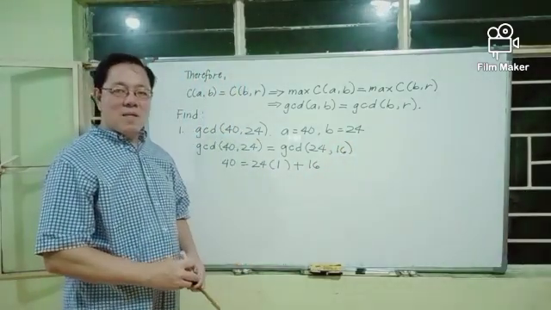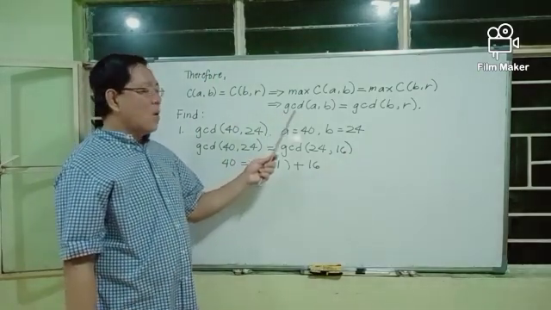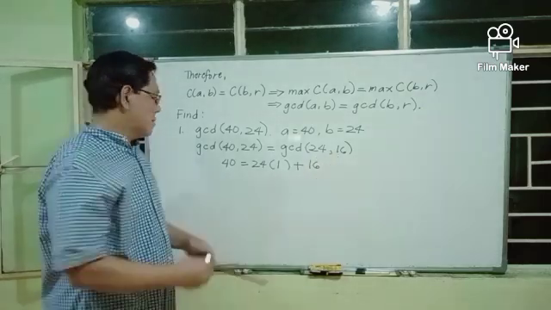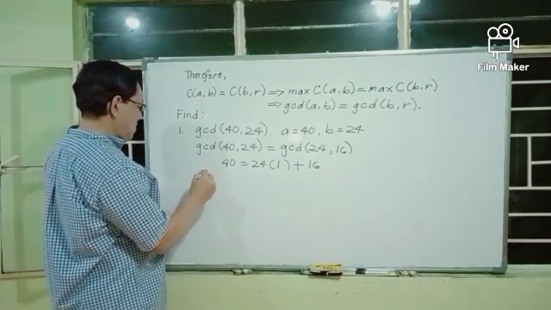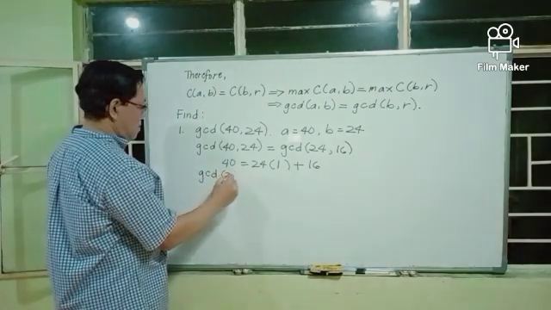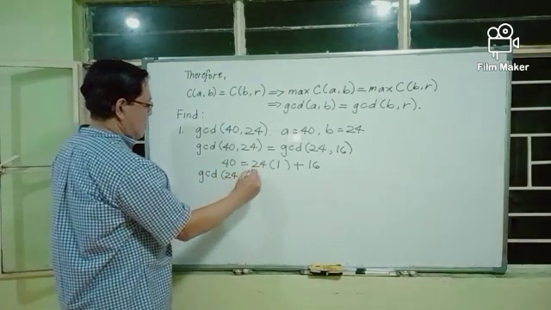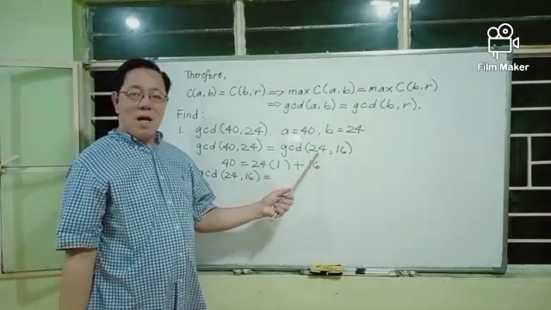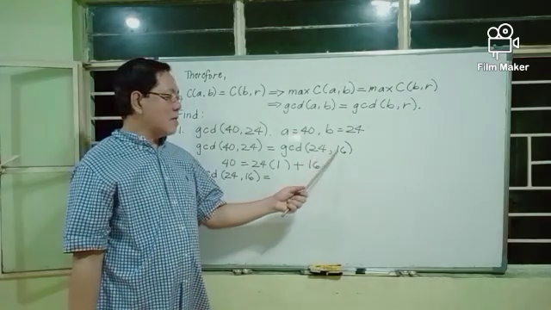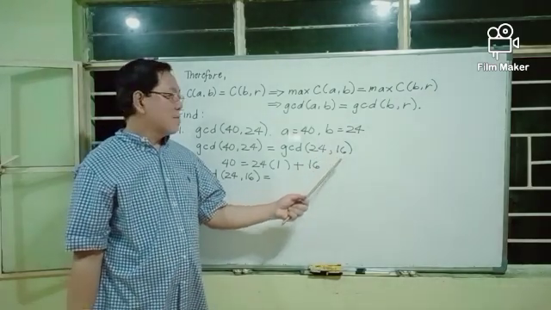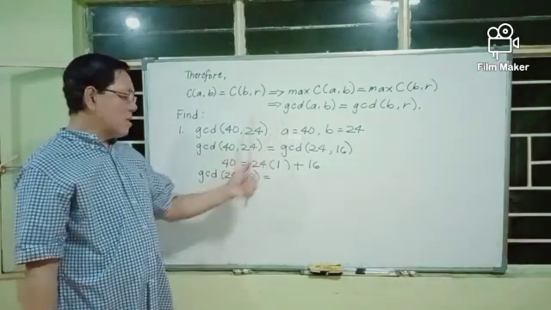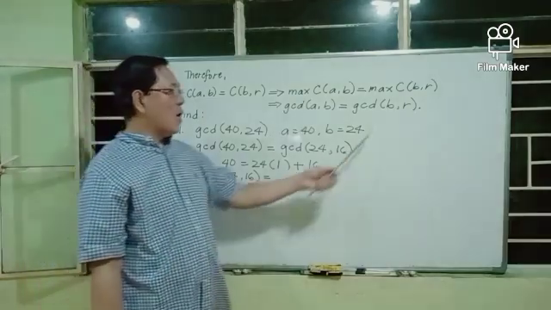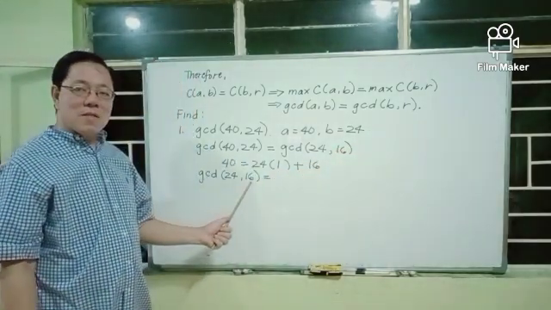And we again apply this finding to the greatest common divisor of 24 and 16, where we now take 24 as A and 16 as B. And by this finding, the greatest common divisor of 24 and 16 is equal to the greatest common divisor of B, which is now 16.